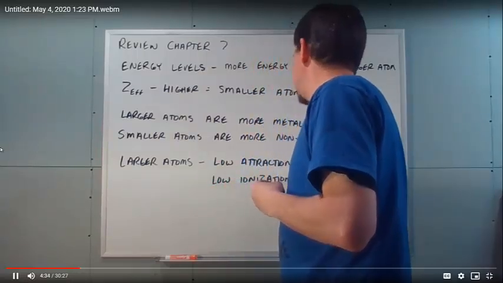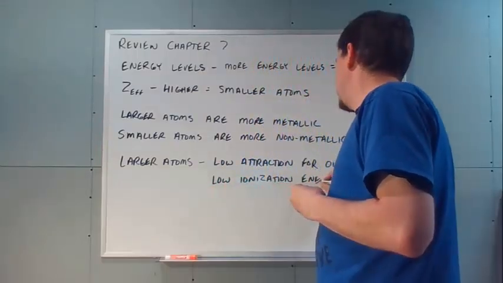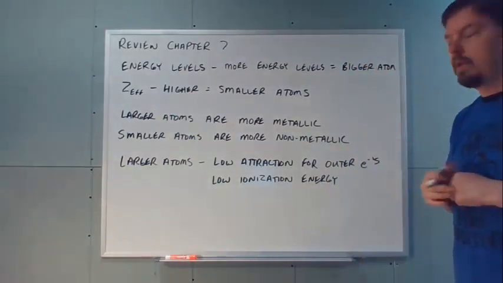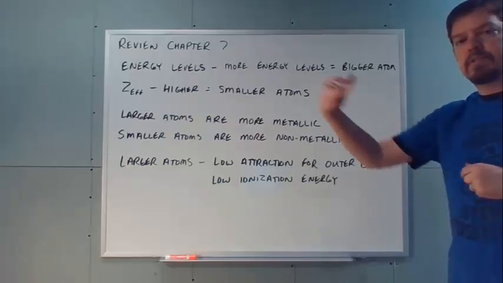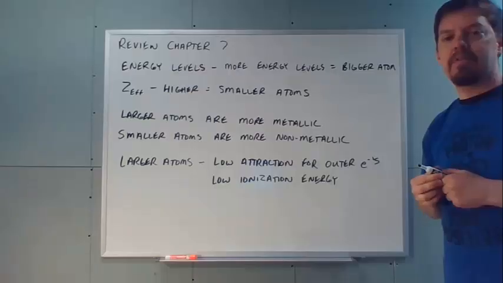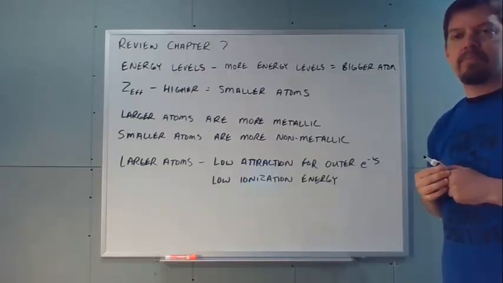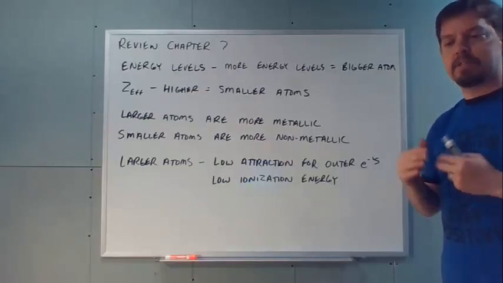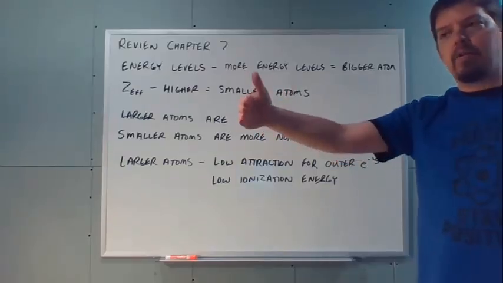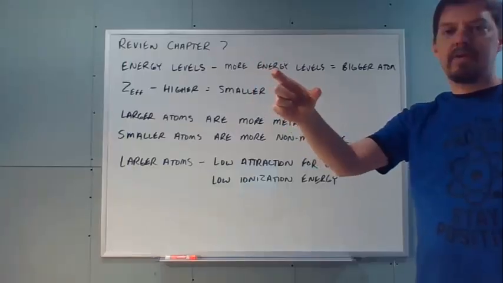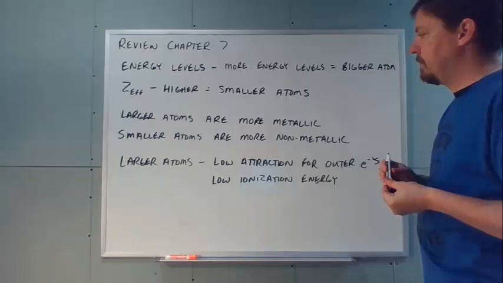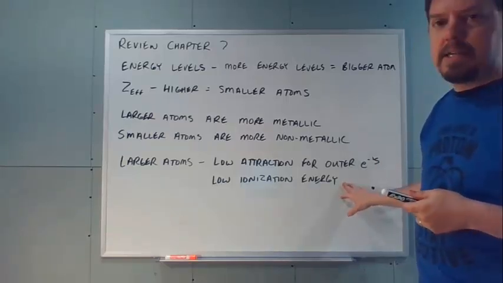So remember, the definition of the ionization energy is how much energy it takes to remove an electron from an atom. So large atoms, those electrons are way far away from the nucleus, so it's not going to take a lot of energy for you to go reach in and pull out that electron and pull it the rest of the way away from the nucleus, because they've already had to put a lot of energy in just to get to that point. They're already pretty far from the nucleus. It's only going to be a little bit of energy after that to get it to be completely removed. So large atoms have low ionization energies.